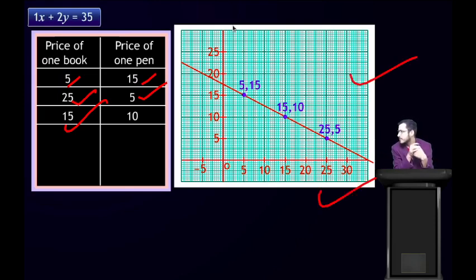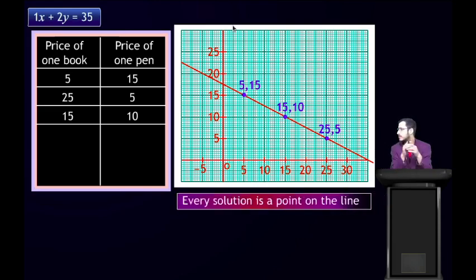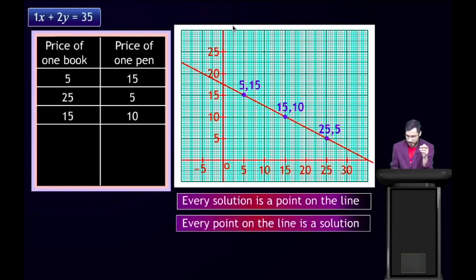You can see the line and the three points (5, 15), (15, 10) and (25, 5), all three situations. Every situation is a point on the line.